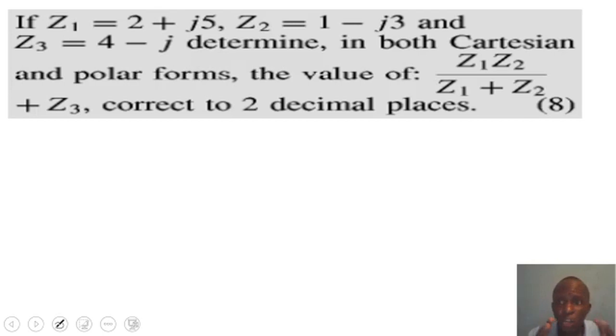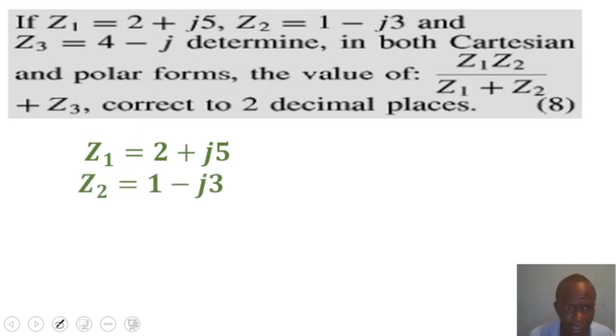We are going to do these calculations first in Cartesian form, and then do the conversion later to polar form. So Z1 is equal to that, Z2 is equal to that, and Z3 is equal to that.